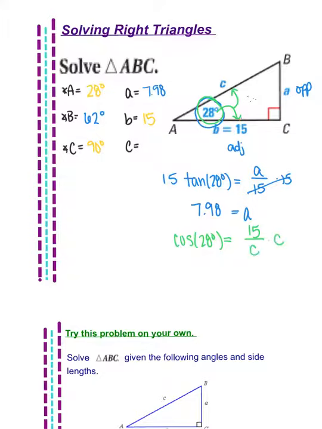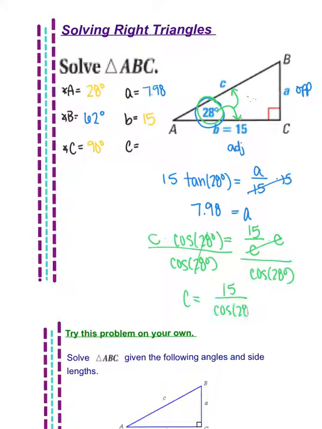So I'll multiply by c on both sides, divide by cosine of 28, and let's see what we get. 15 divided by cosine of 28, I get 16.99.